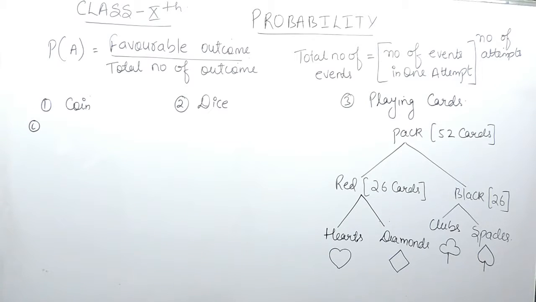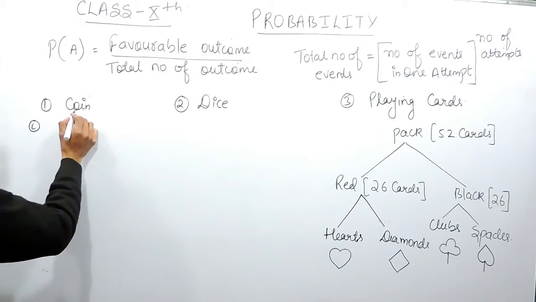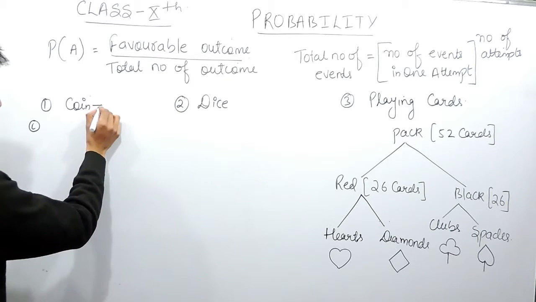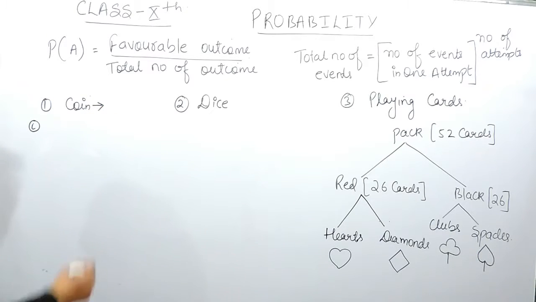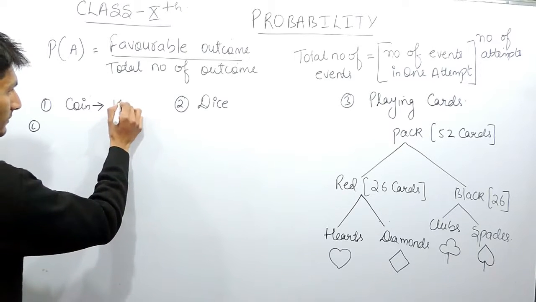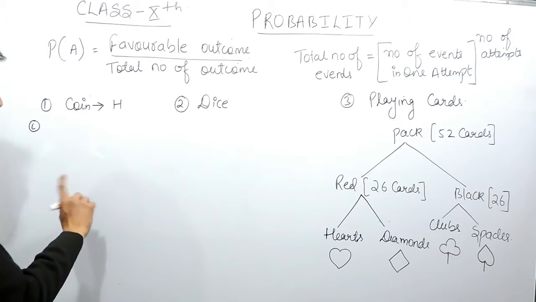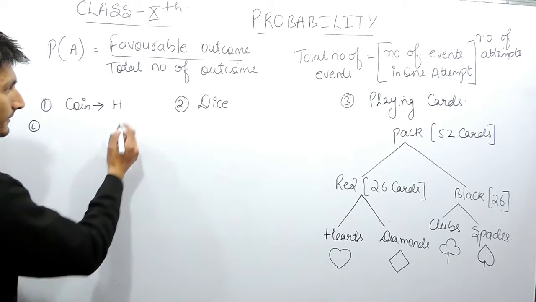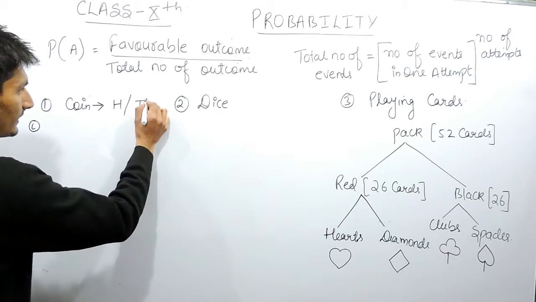If you are tossing a coin, there are two things that might happen, or you can say there are two faces of a coin: one is head and another is tail.